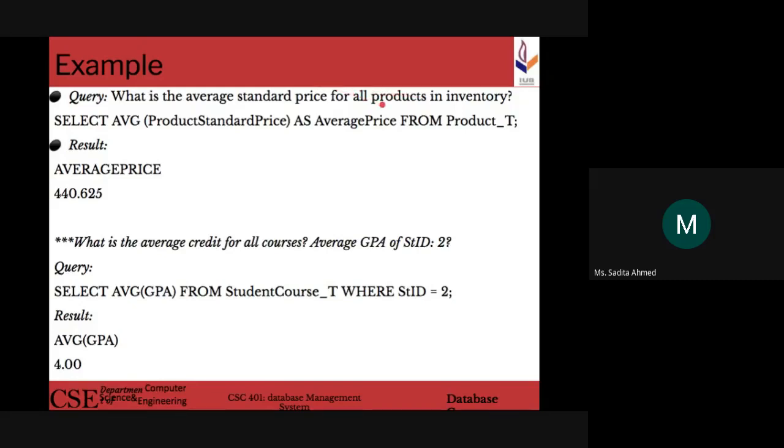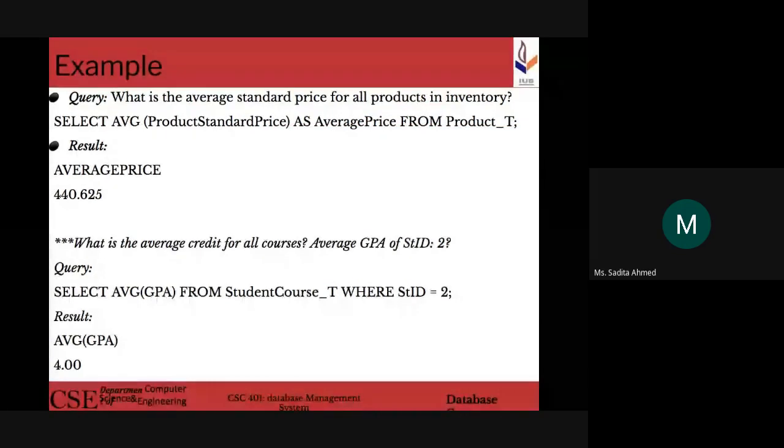So there, we want to calculate the average standard price for all products. For calculating the average standard price, we have to use the aggregate function AVG and apply it on product standard price. Remember what product standard price was. This was an attribute of the product table.